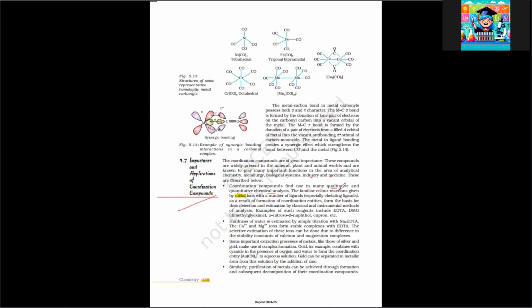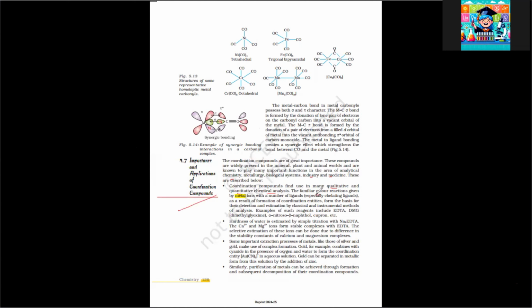Qualitative means finding out which compound is present in the mixture, and quantitative analysis means how much of a particular compound is present in a sample. This use of coordination compounds is useful in chemical analysis.